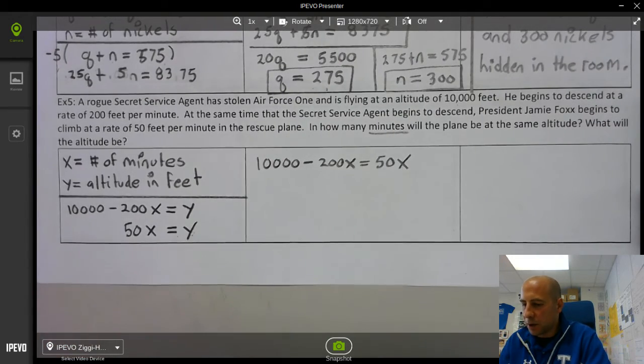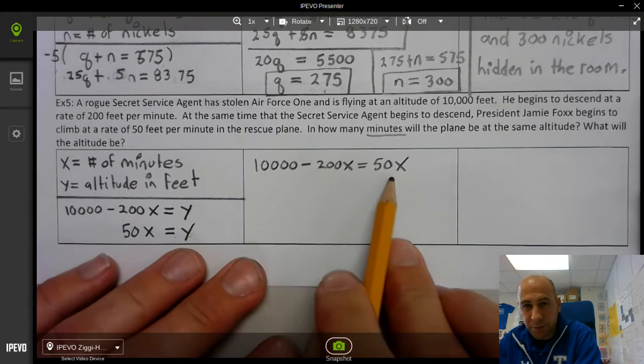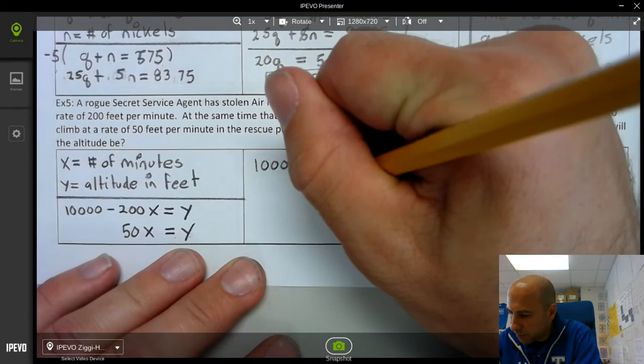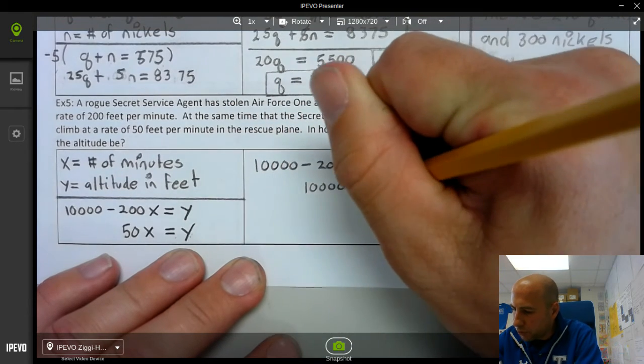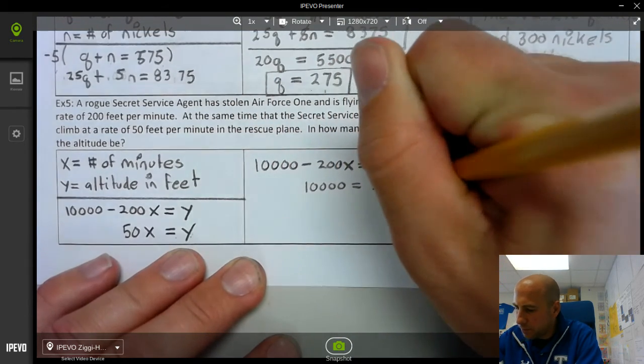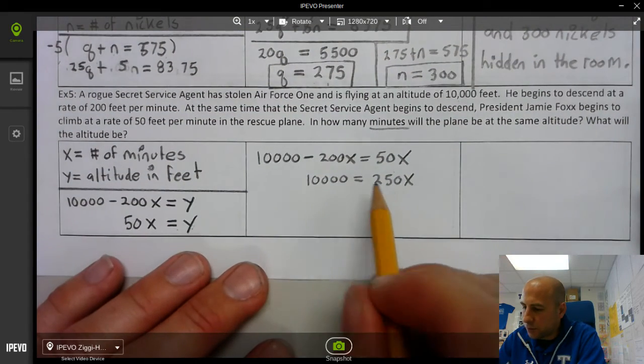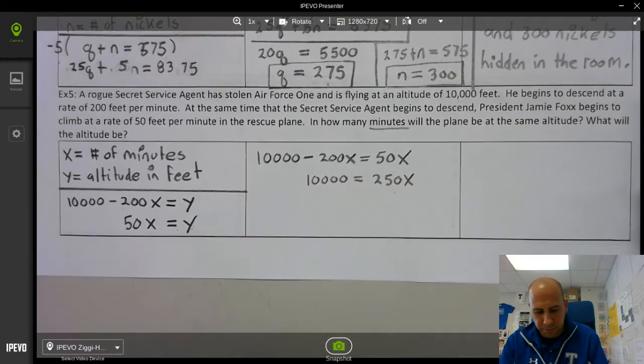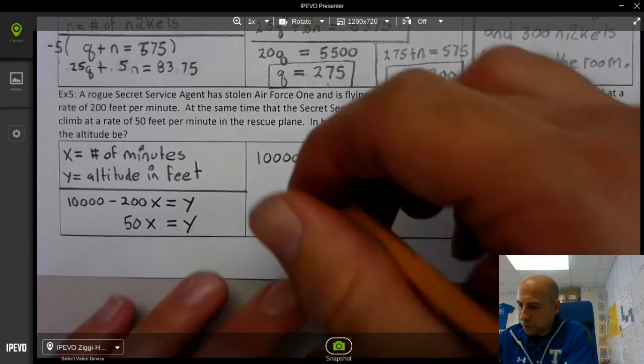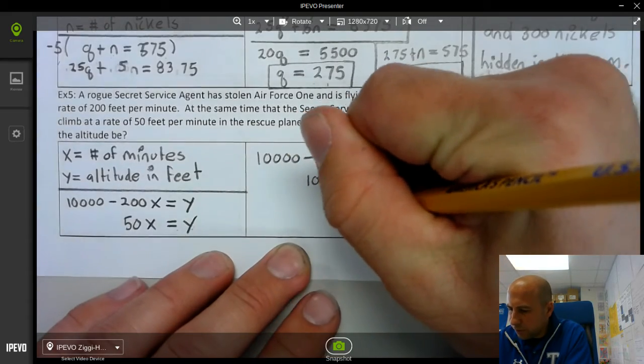Okay, now we're going to solve. So we're going to add 200x to both sides. So you get 10,000 equals 250x. And then we divide both sides by 250. 10,000 divided by 250 is 40. So x equals 40.